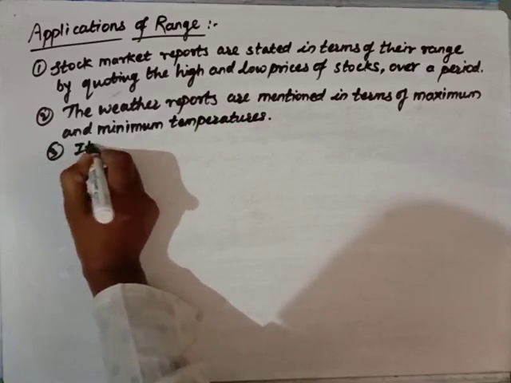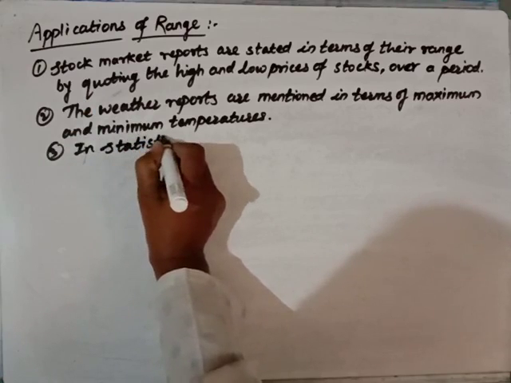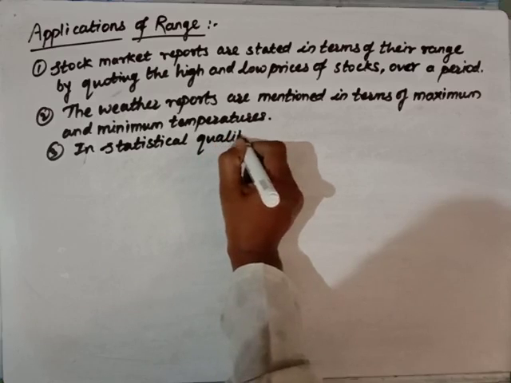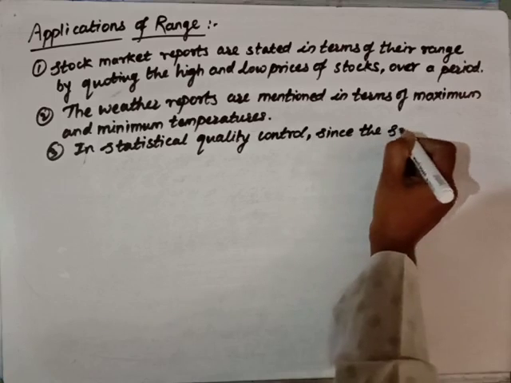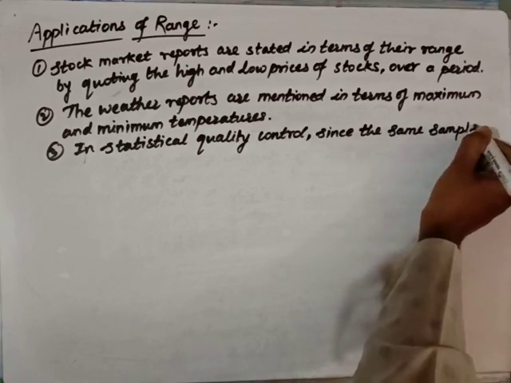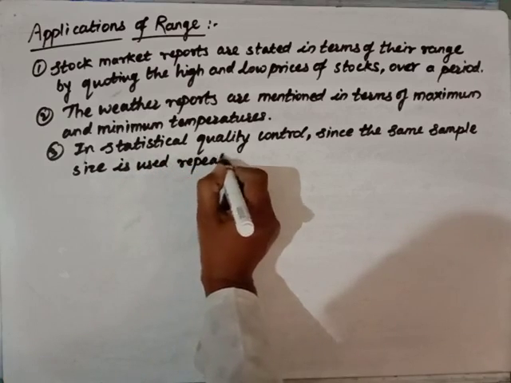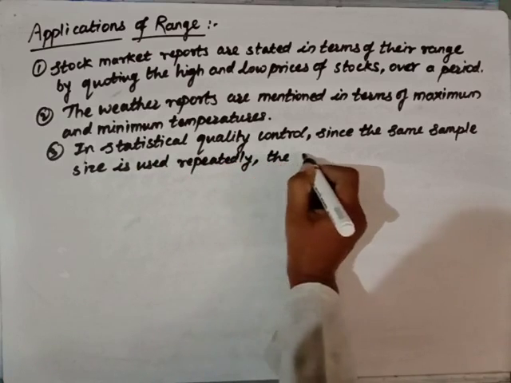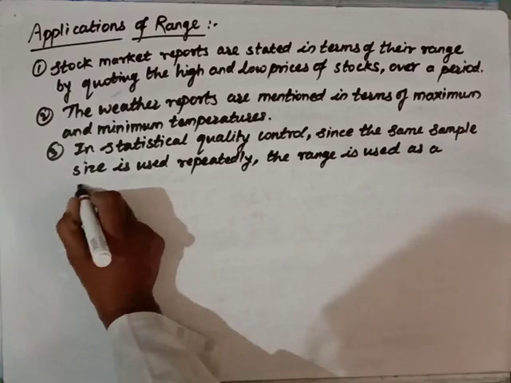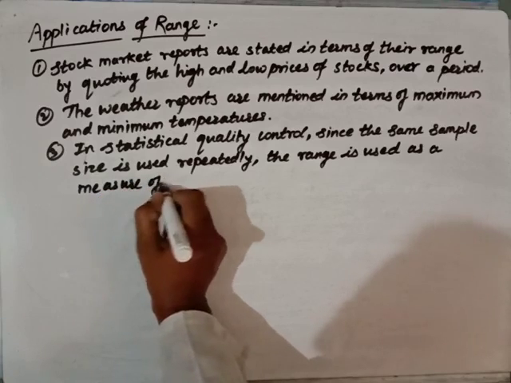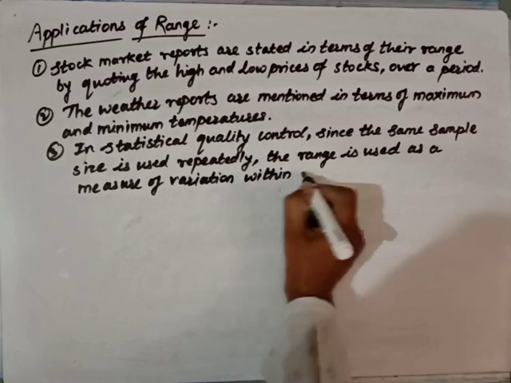Then the next one, in statistical quality control, since the same sample size is used repeatedly, the range is used as a measure of variation within the sample.